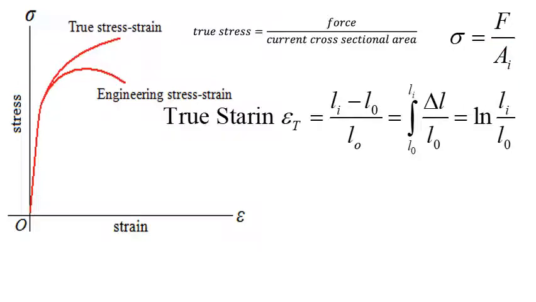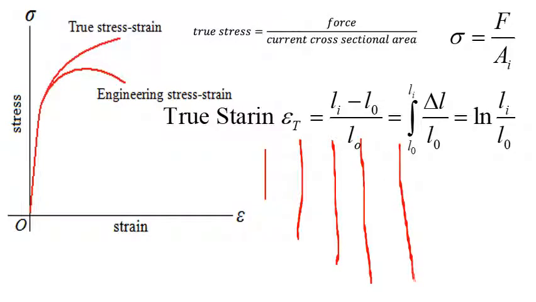True strain, epsilon naught t, is equal to Li minus L naught divided by L naught, or else we can say the integration from L naught to Li of dL divided by L naught. If we apply the ln, we get ln of Li by L naught. How exactly do we get this? If I have L naught as the original length, there will be an increase in the length, say L1, L2, L3, L4, like that.